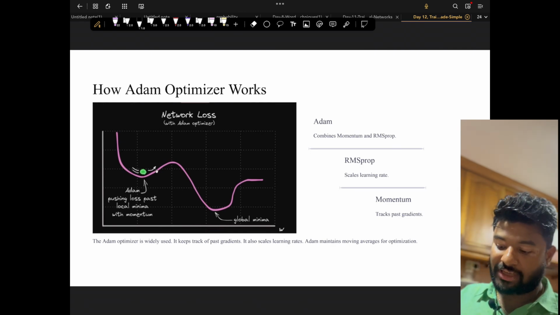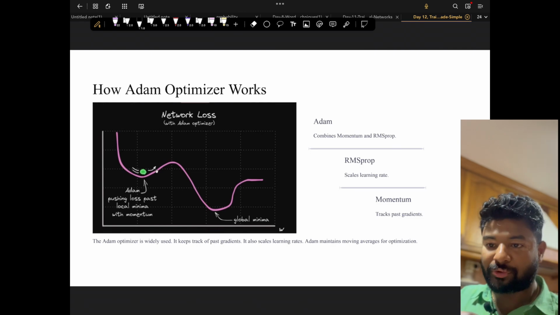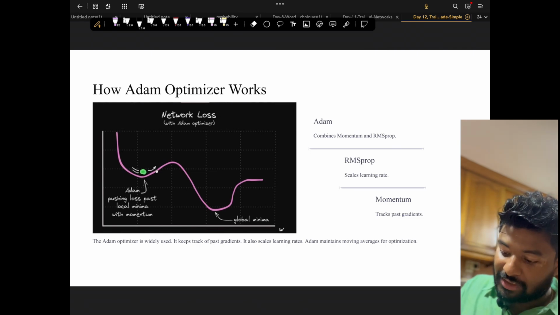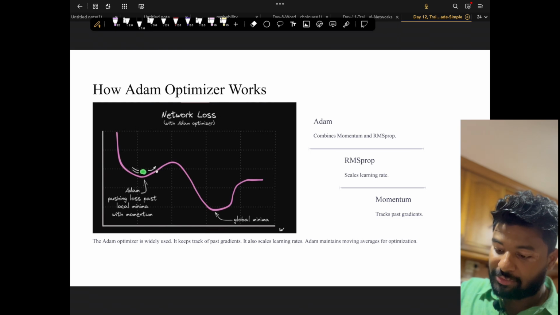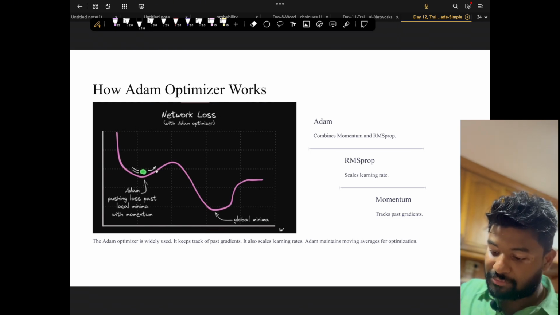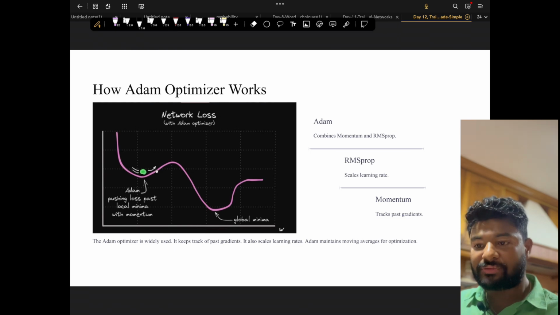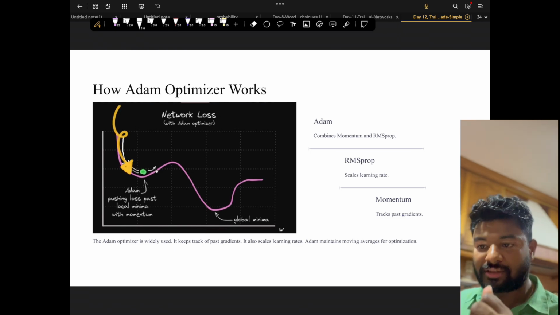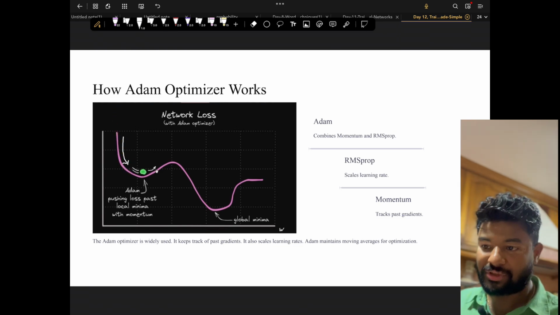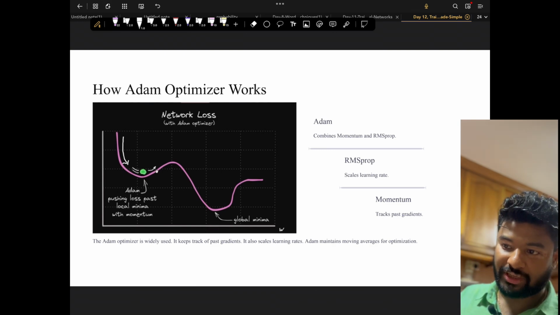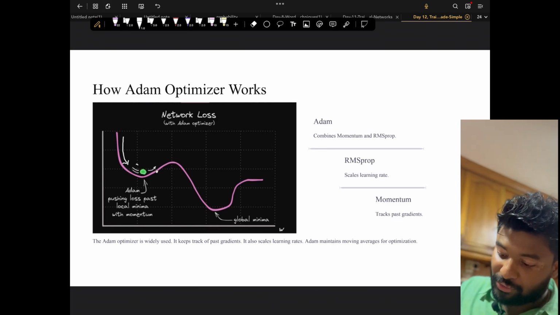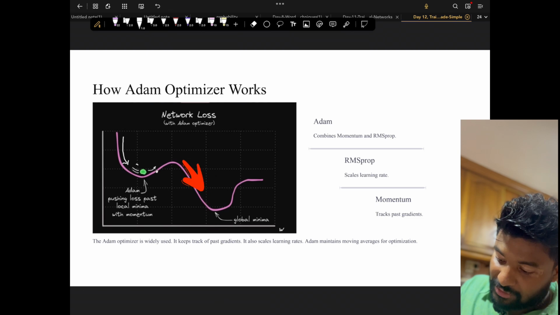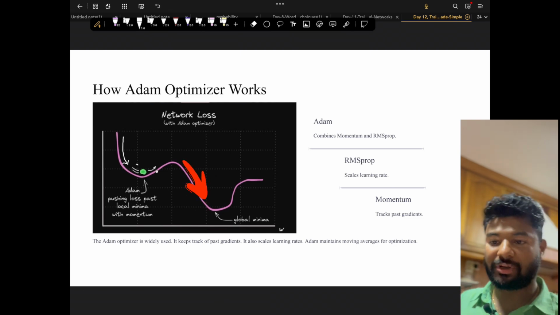Adam uses a concept called momentum. Once it comes and reaches here, it knows that this slope is very, very steep. So it accelerates the optimization process and it reduces the oscillation during the training, and the result is that it goes ahead of this and reaches the global minima.